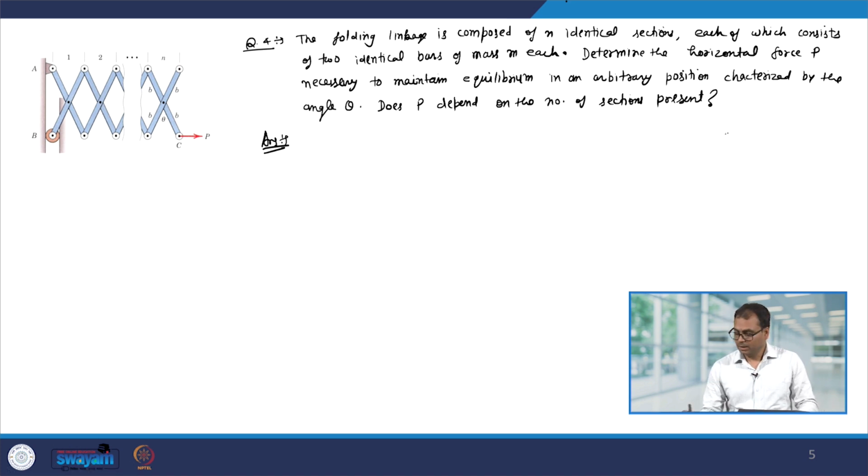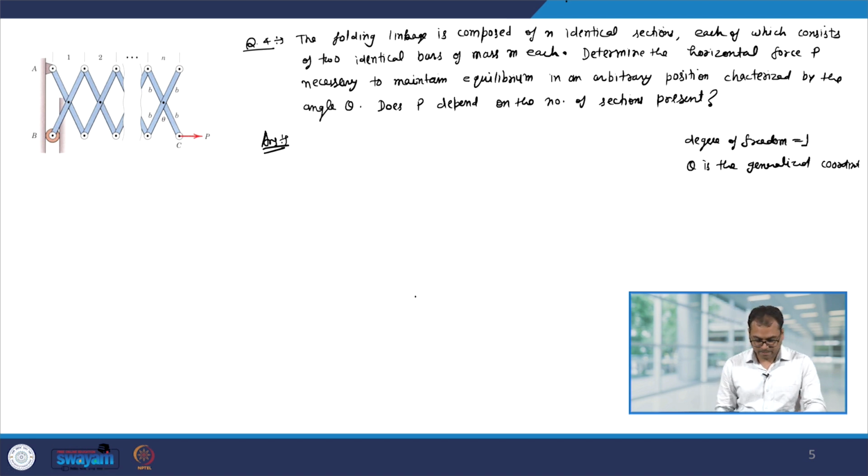So, again here the degree of freedom is 1 and theta is the generalized coordinate.